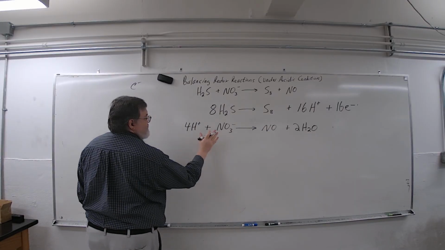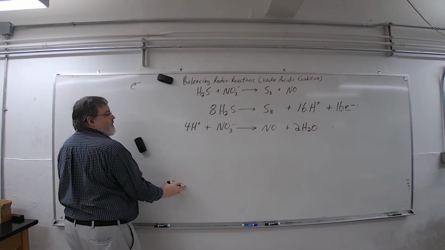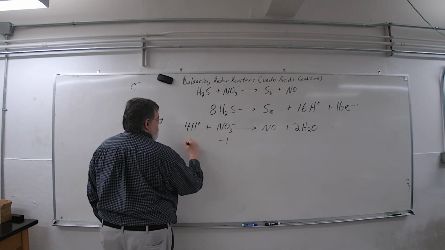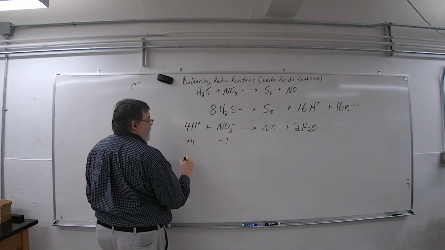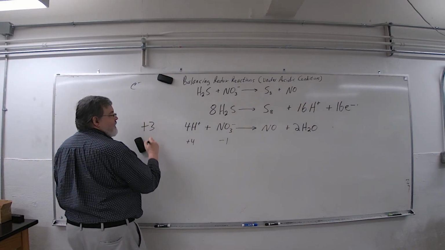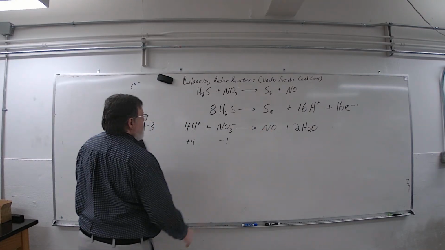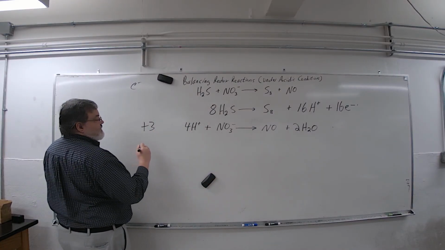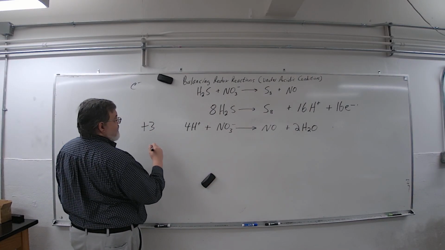All right, down here, what's the charge on this side? Got a -1 there, and you've got +4 here. So we're at +3. And we're at 0 over there, so of course we have to add the electrons on this side. So we need -3.